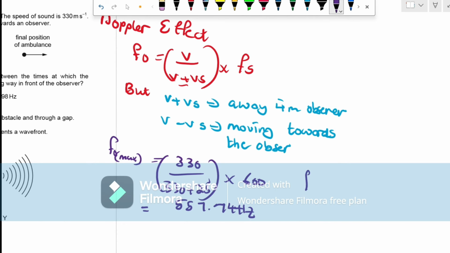Then I'm going to have f min. That's going to be 330 over 330 plus 25 times 600, which is 557.74. Then I'm also going to have f max, the maximum observed frequency that we can get.